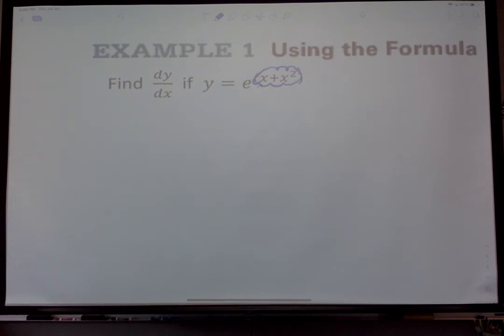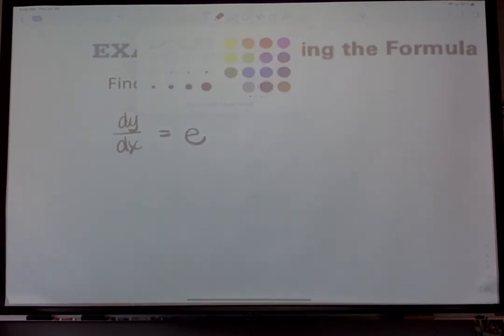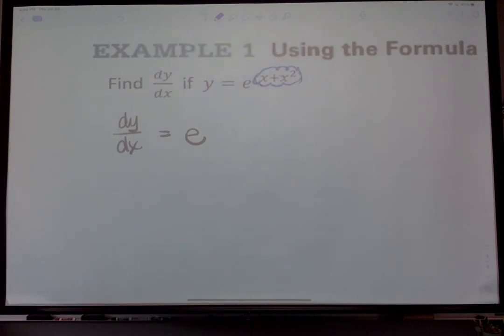Messy. Let's do a derivative. The derivative of e to the messy is e to the messy times the derivative of the messy. So 1 plus 2x. And if you write it like this, you're wrong.